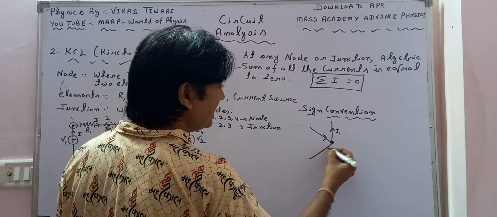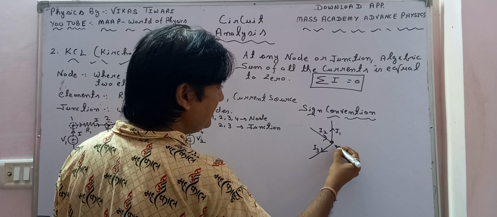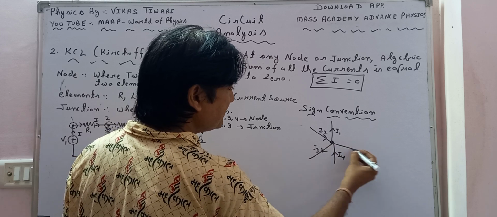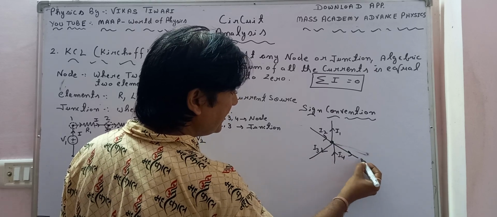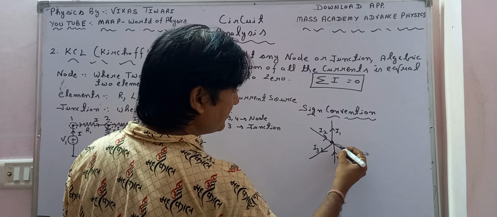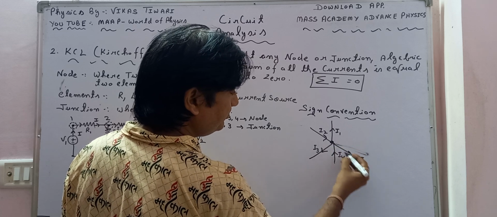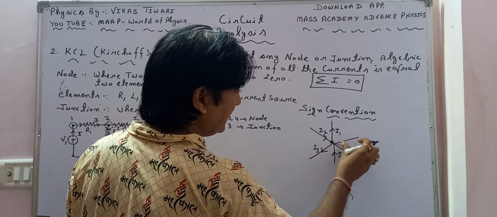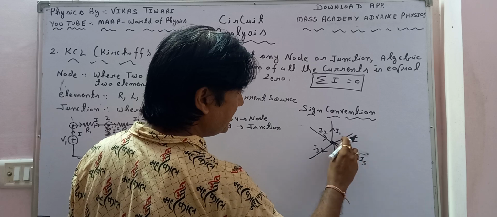Some currents are outgoing, this is I2, this is I3, and some currents are incoming. Some currents are again outgoing, I5, and some currents are again incoming, I6. So this is the incoming current.